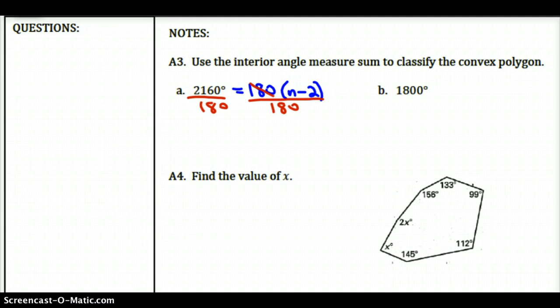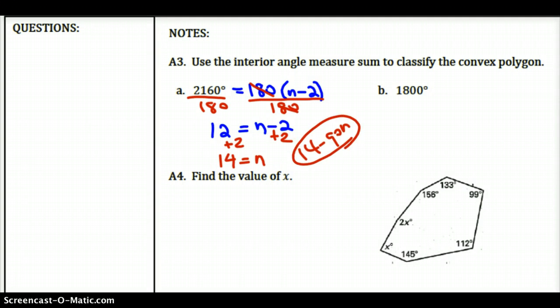That's one way to start. n minus 2 equals 12. Add 2. And we get 14 for n. And we call that a 14-gon for the name.